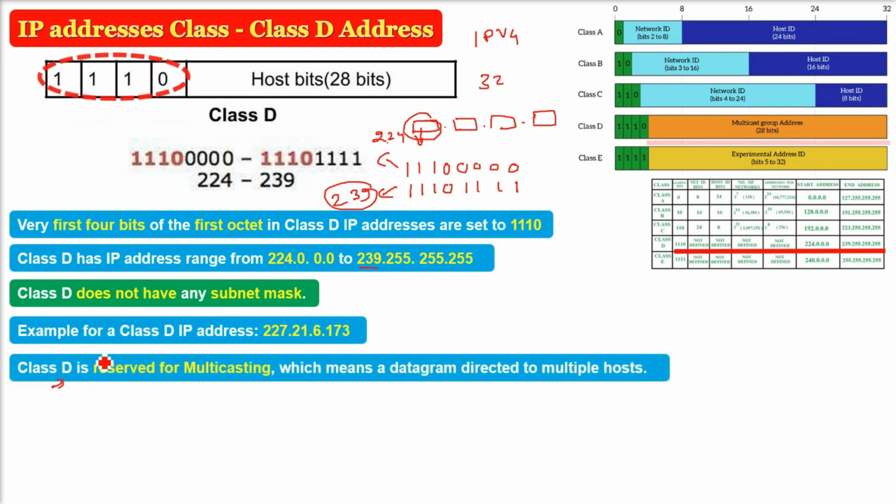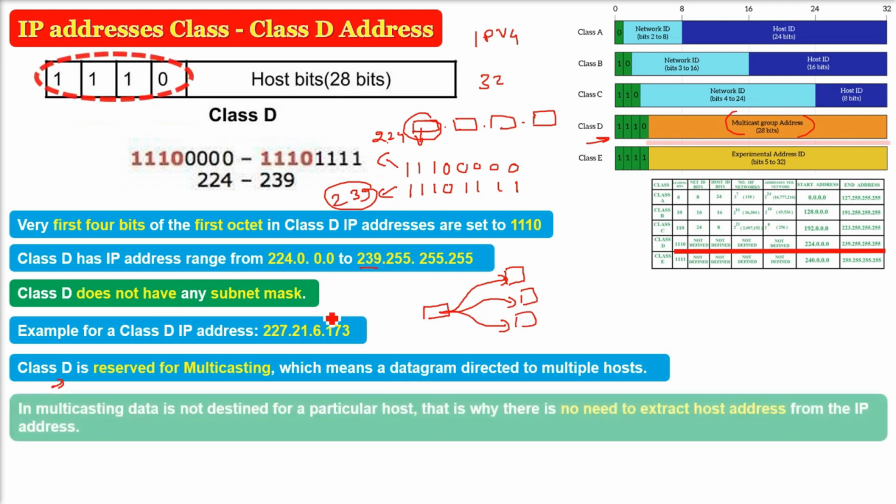But why is there no class D subnet mask? Because class D is reserved for multicasting. So we have a multicast group address, not the address of a single host. The datagram is not directed to only one host, but to many hosts at the same time.